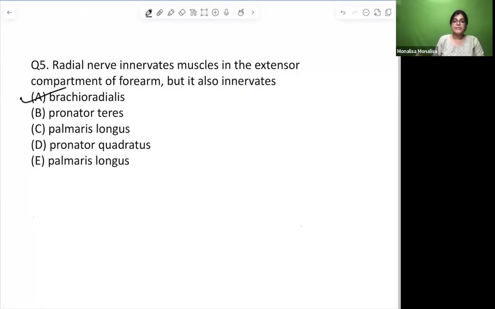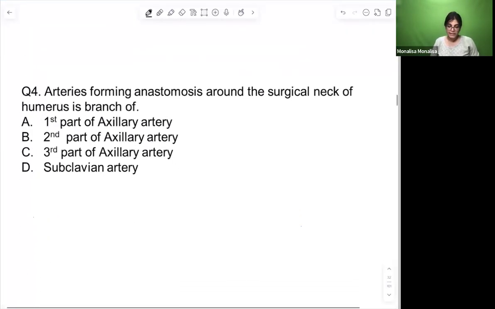Brachioradialis is a muscle of the extensor compartment, but it also has the action of flexion and supination, pronation. It is a unique muscle: being a muscle of the extensor compartment, it also acts in supination and pronation from the mid-prone position. So brachioradialis is the right answer.